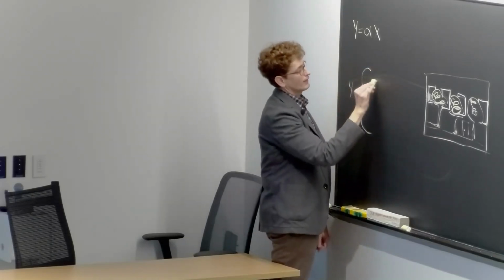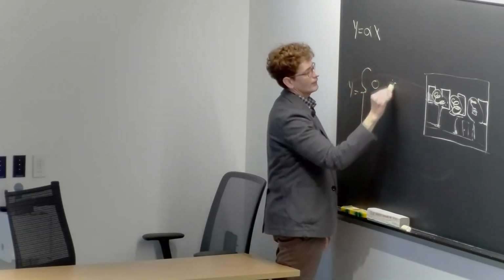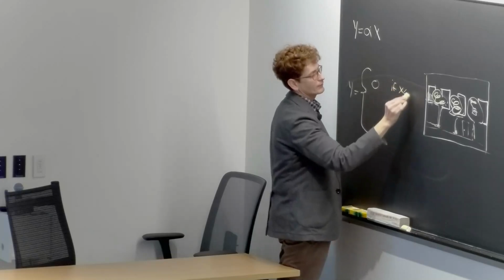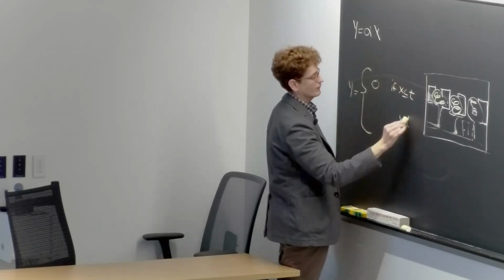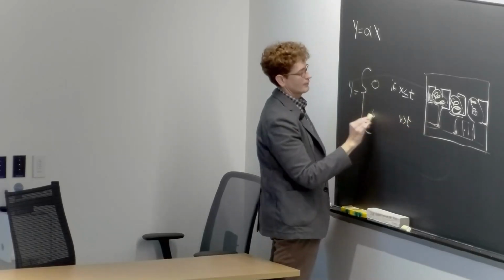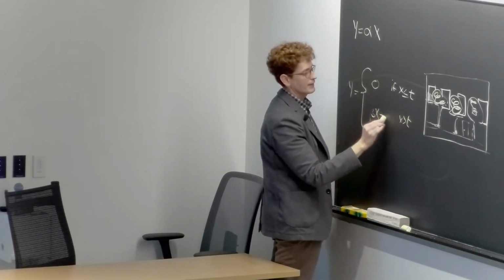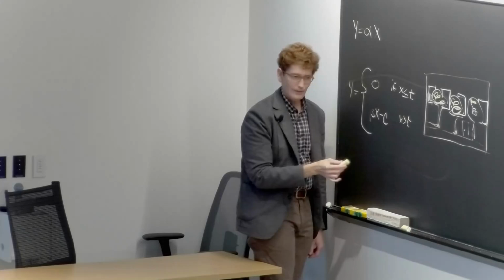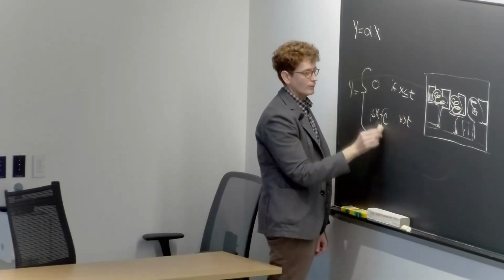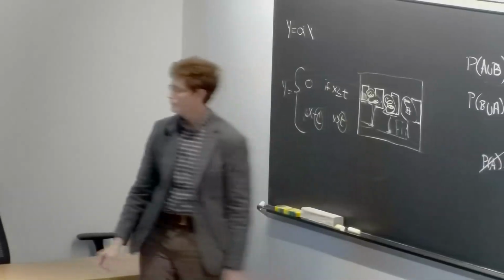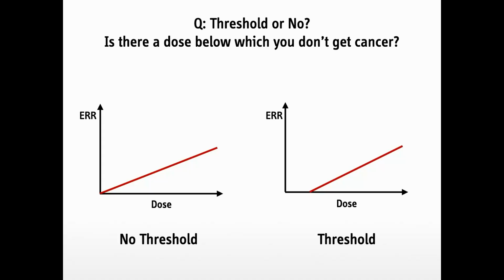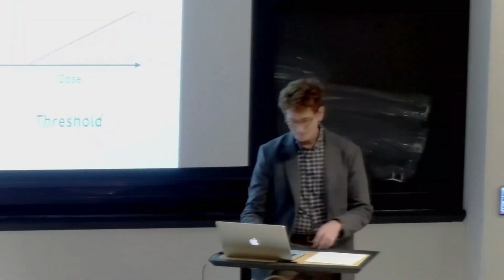It looks like y equals 0 if x is less than or equal to some threshold. Otherwise, if x is greater than the threshold, y is beta x minus some intercept. So we now have extra parameters in the threshold model. And the threshold model thus requires more data to defend it than the no threshold model. All right.